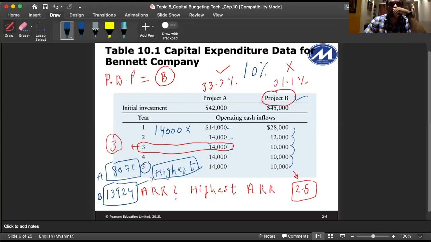Now tell me, what is the value? Did you find it? Say something, yes or no. Did you find the value?